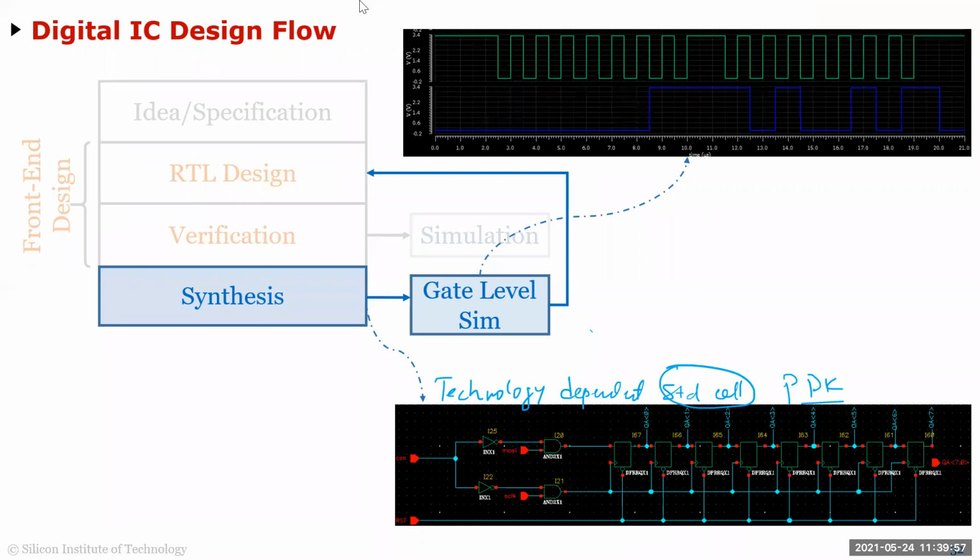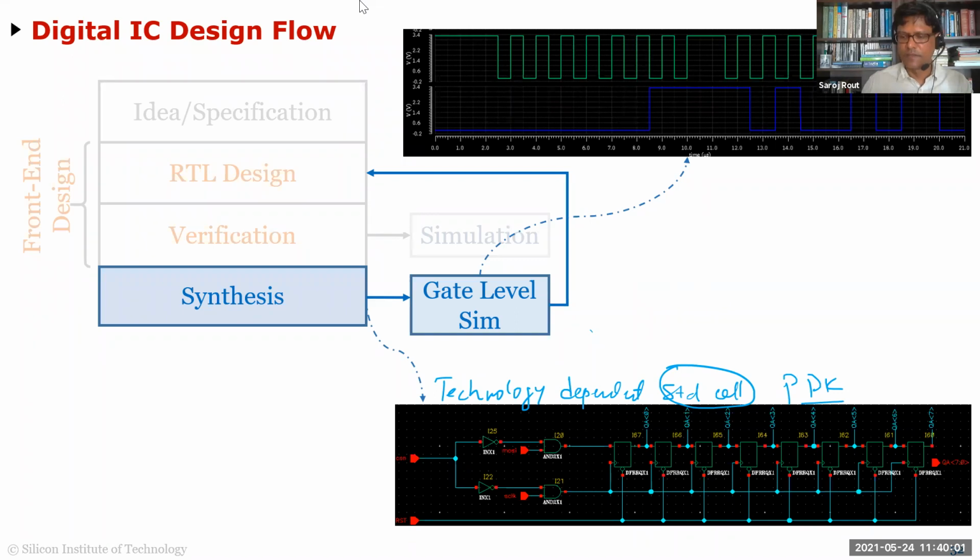So that's the purpose of this gate level simulation. It's basically verifying that whatever behavioral design I did and whatever has been synthesized to this gate level netlist is actually one-to-one. So you do this gate level simulation or formal verification.